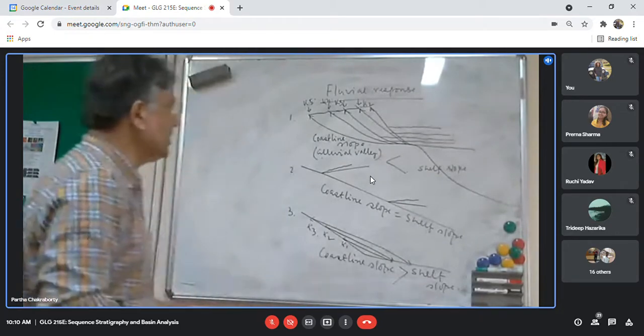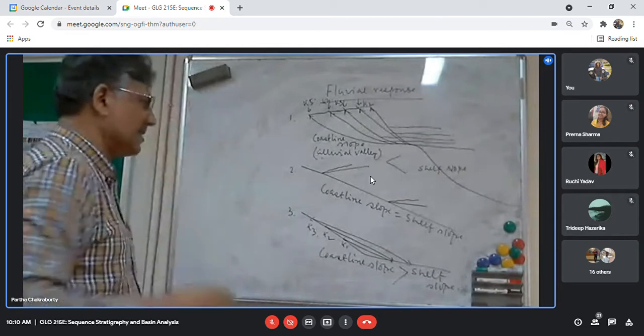Please draw the diagram. There are 3 different cases.